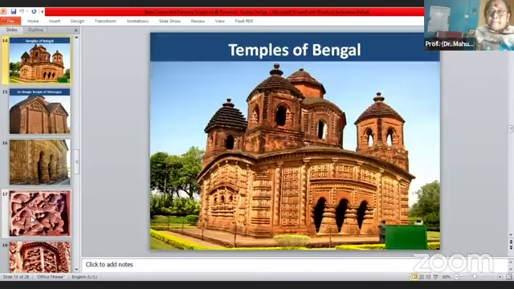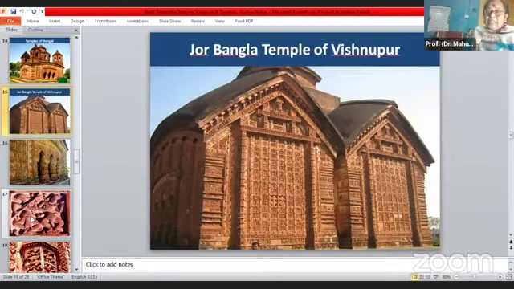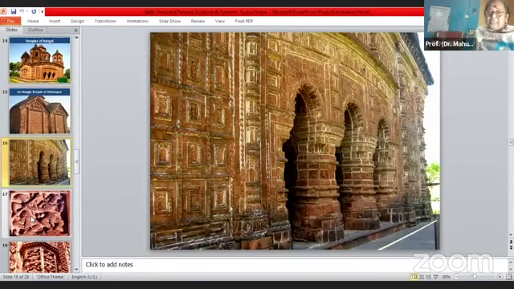Next, please. This is again Shamrai Temple, Pancharatna, in Bishnupur. And this is Jor Bangla temple. Here, the pillar is full of dancing sculptures, and we have three types. Natyaveda mentions three types: Nritta, Nritya, Natya. Nritta is pure dance. Nritya is depicting Bhava Vinaya, full of sentiments, etc. And Natya is story narrative.